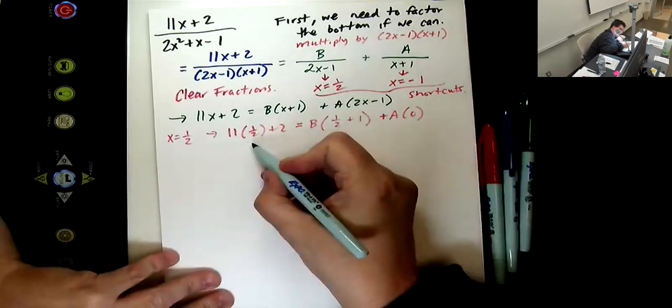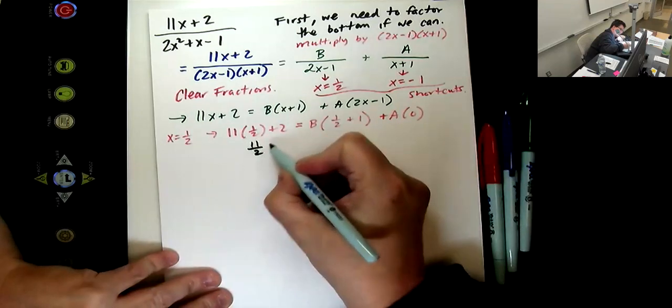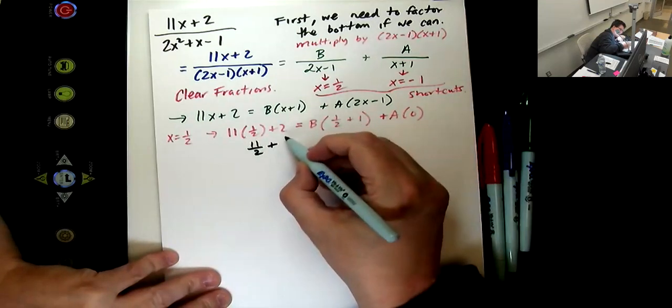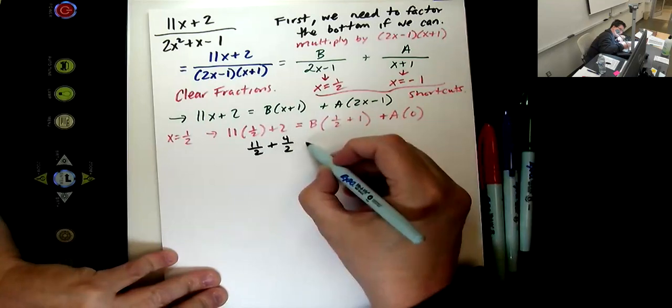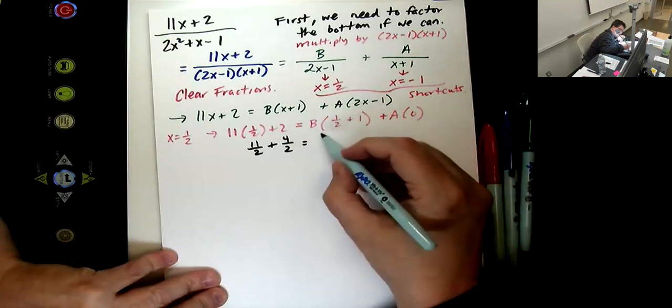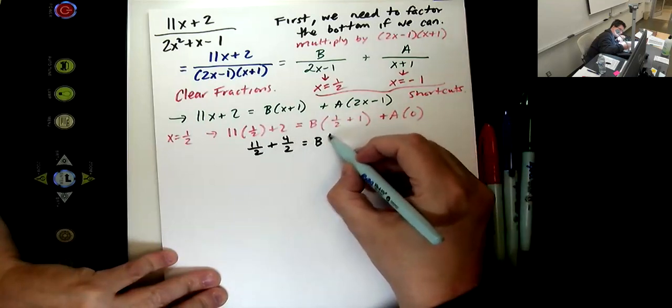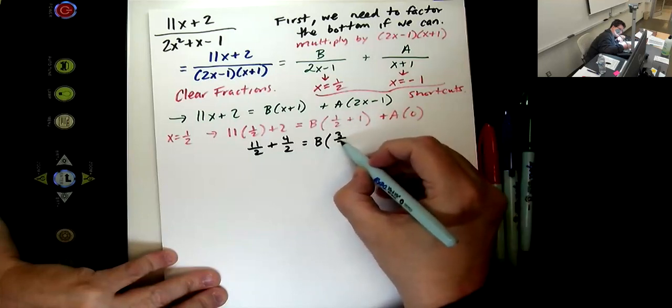So I have 11 over 2 plus, I'm gonna get a common denominator right here, 4 over 2, equals, 1 and 1/2 is 3/2, so b times 3 over 2.